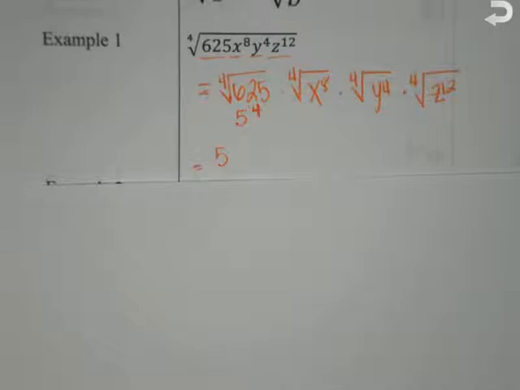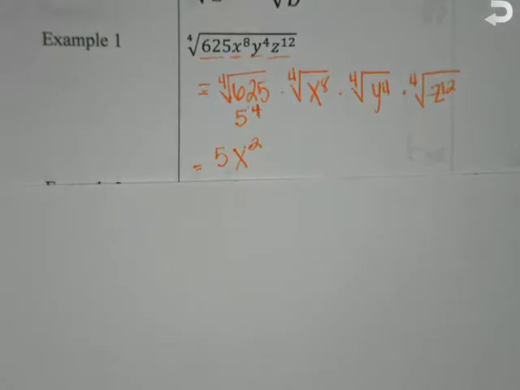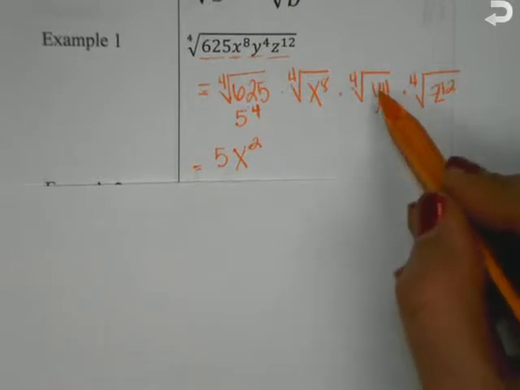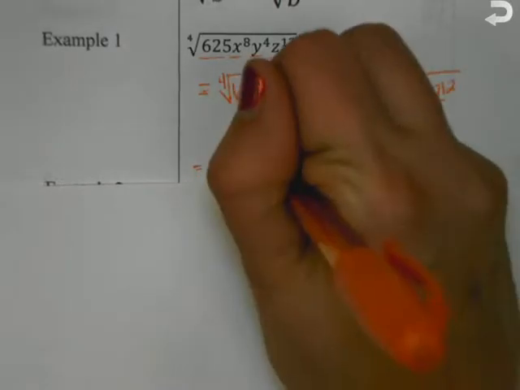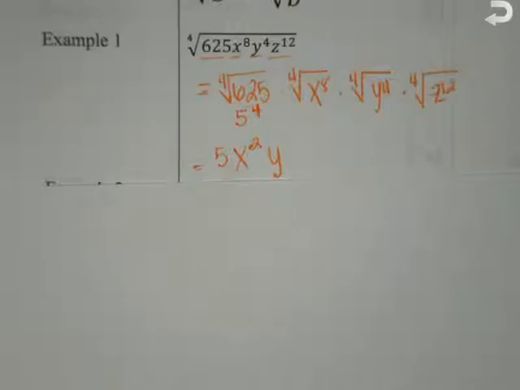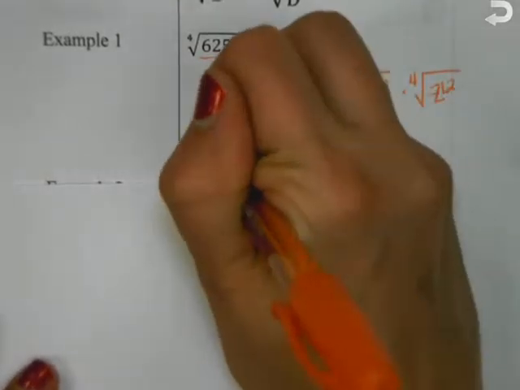X squared. What about the fourth root of y to the 4th? What times itself 4 times is going to give me y to the 4th? Y. And then what about z to the 12th? What's the fourth root of z to the 12th? Z to the 3rd. So that would be our answer.